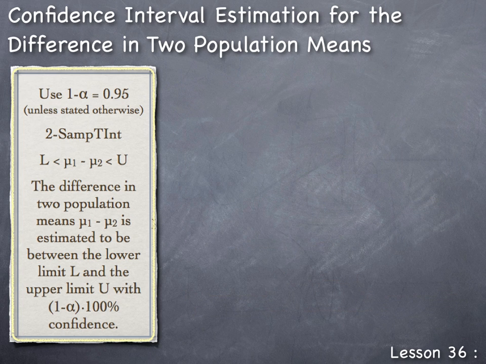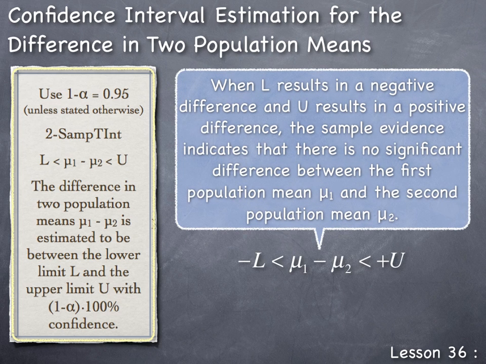Another scenario occurs when L results in a negative difference and U results in a positive difference. In this case, the sample evidence indicates that there is no significant difference between the first population mean mu1 and the second population mean mu2. Now, no significant difference means that they are not different, or they could be equal.